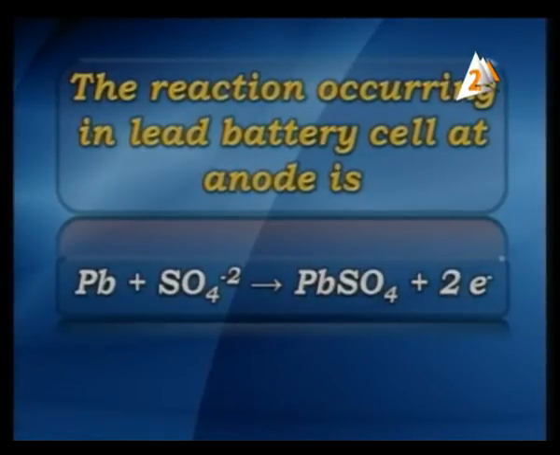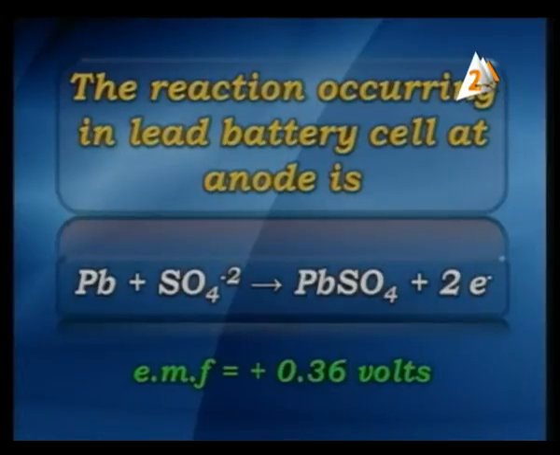It means it loses 2 electrons, to produce electric energy through these electrons. So oxidation and reduction are important for this reaction. My dear, look at this. The EMF of this part at the anode is equal to 0.36 volt. This is the reaction at the anode.